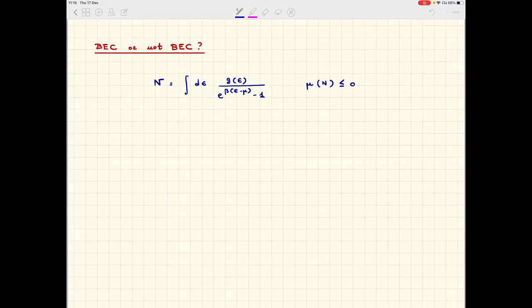If it has such a solution, at a given T, then you say, well, the system is essentially filling up, saturating the total number of particles in excited states, and I have a nice negative chemical potential. There is nothing to worry about. By the way, this here is the density of states.